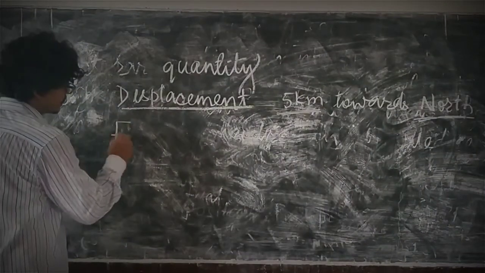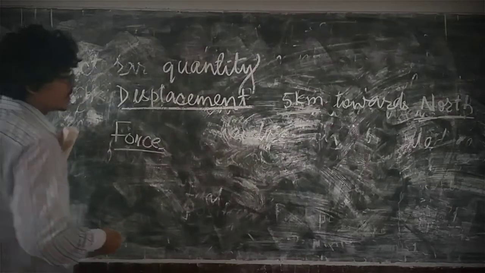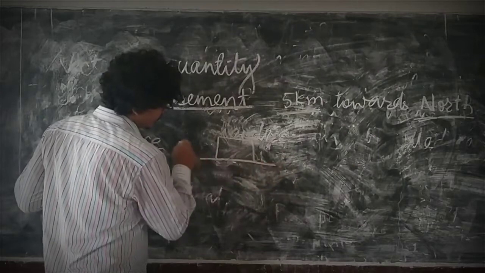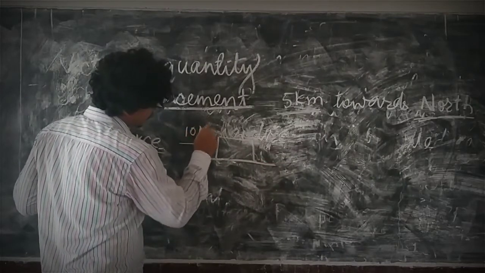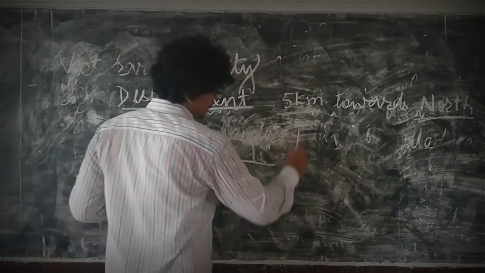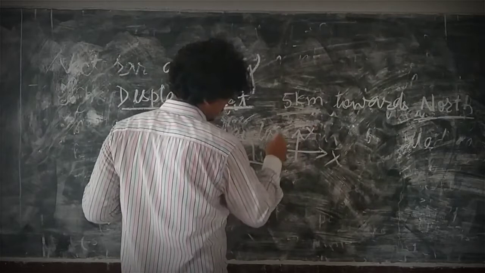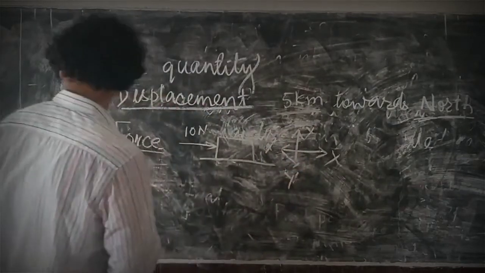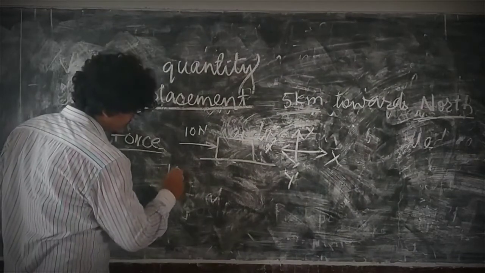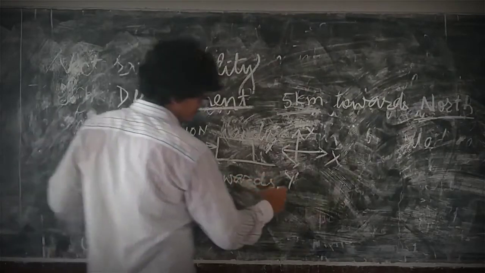Similarly, force is also a vector quantity. Like a block, if I am applying a force of, let's say, 10 Newton in the direction of positive x axis, if this is my x axis, so I can write 10 Newton towards positive x axis.